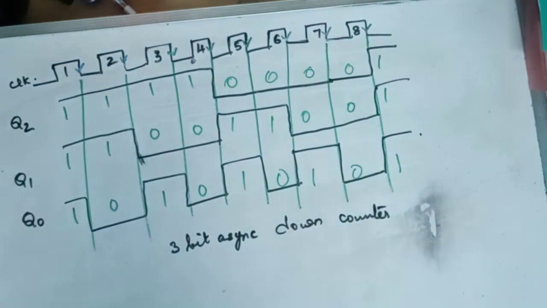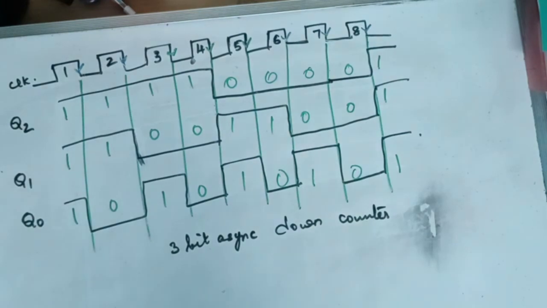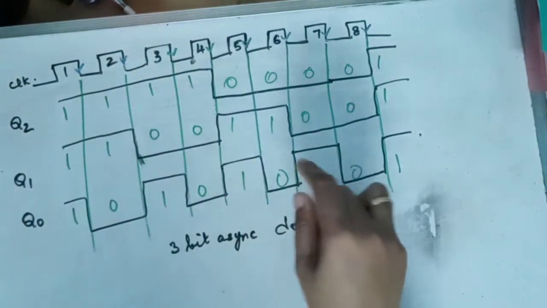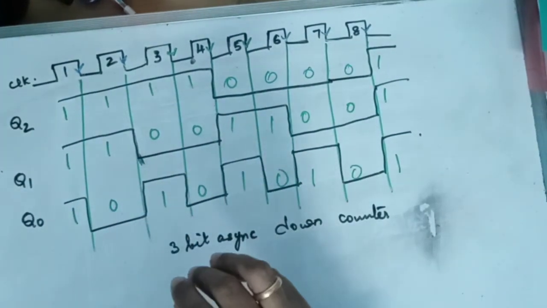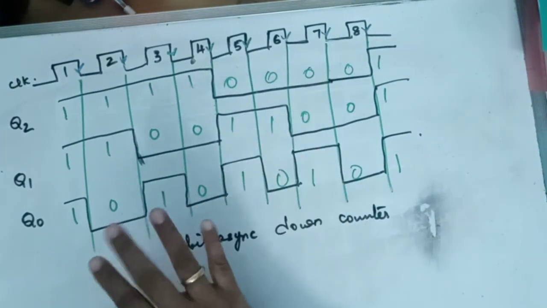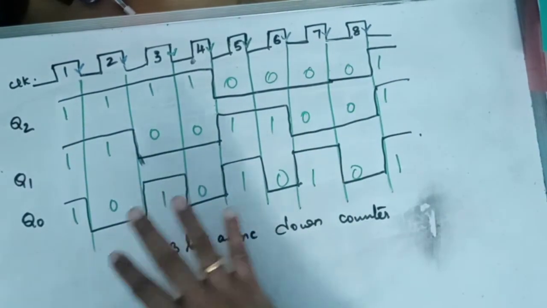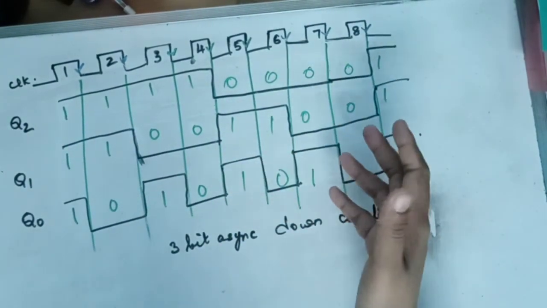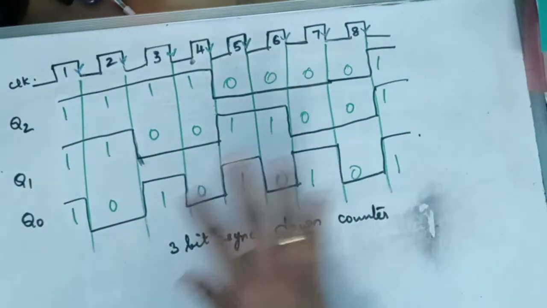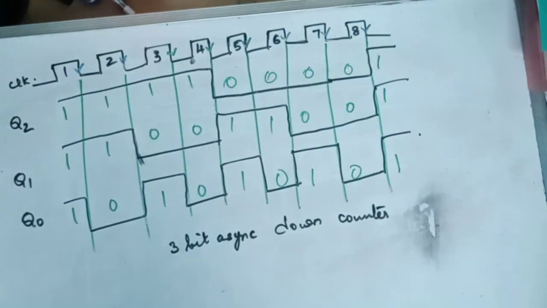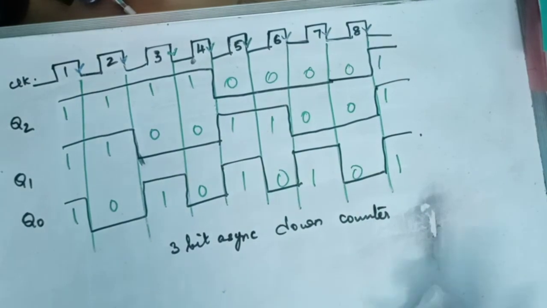If you need to draw the up-down counter, you'll have to draw another line for M also. If M is 0, it will count up, and if M is equal to 1, it will count down. But this won't fit here. Normally you'll be asked for an up counter or down counter only.